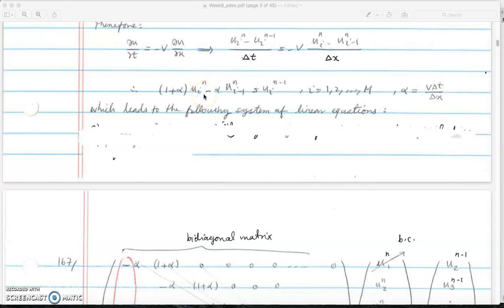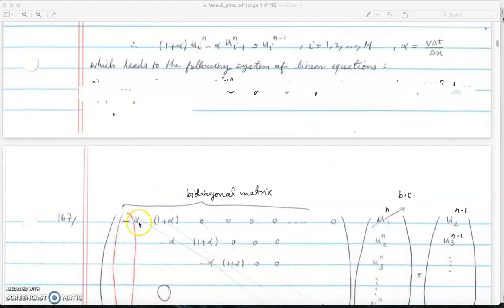Okay, so if we put i equal 2, then the first equation we get is minus alpha times u1 at time n, and then plus 1 plus alpha times u_i, which is 2, so it's going to be u2 at time n, and that's what I have in the first line of my equation here.